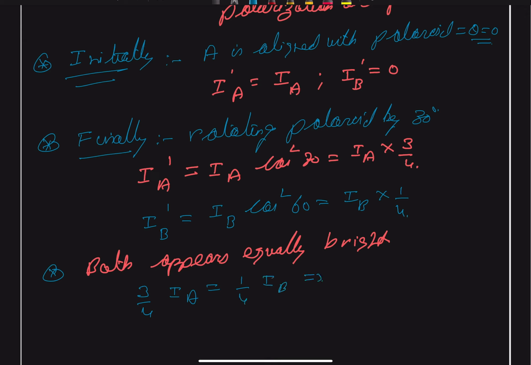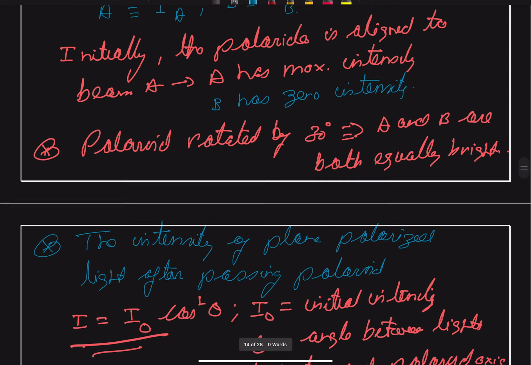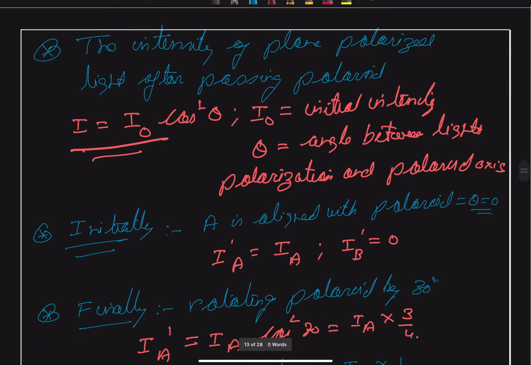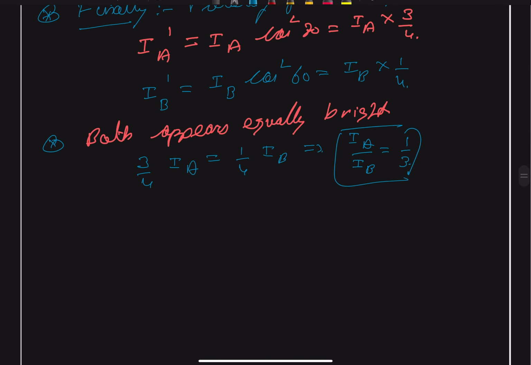So this gives us that IA upon IB is equal to 1/3. So option D is the correct one.